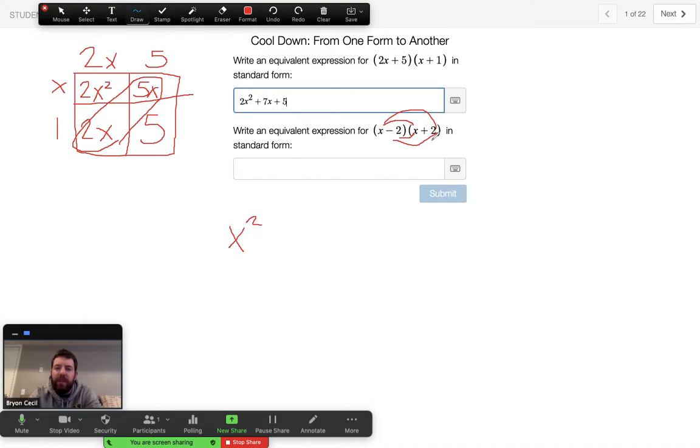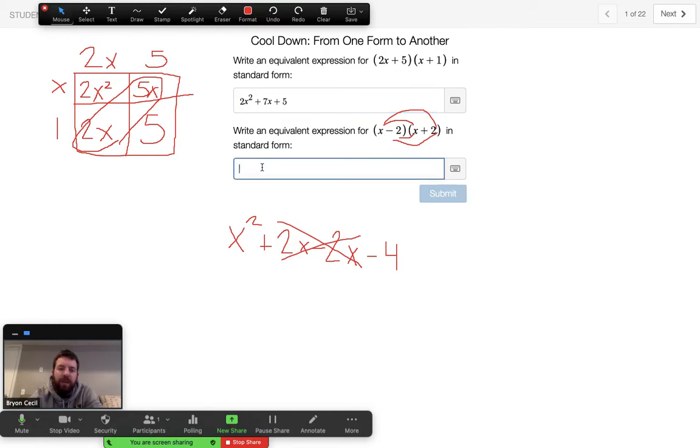Then the outside, x times 2, so 2x. Then the inside, negative 2 times x, so a minus 2x. And then last, negative 2 times 2 is a negative 4. We know this is a difference of squares, so these middle two will cancel out, and I am left with just x squared minus 4.